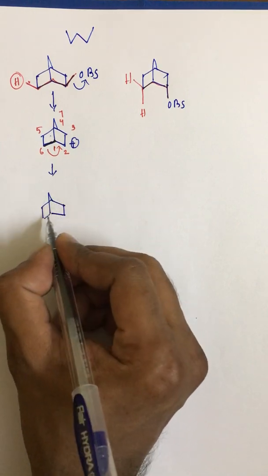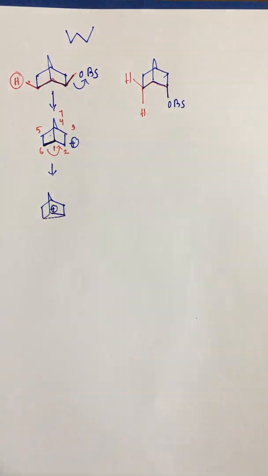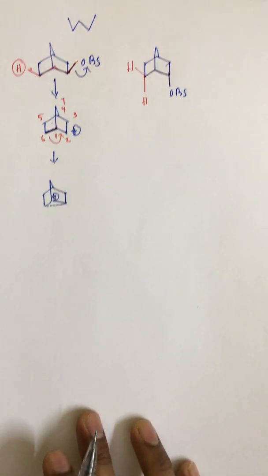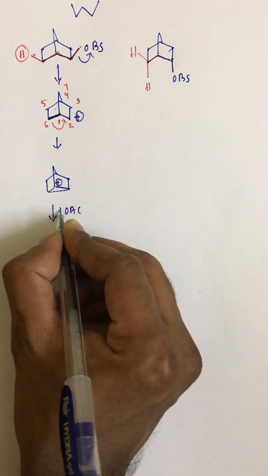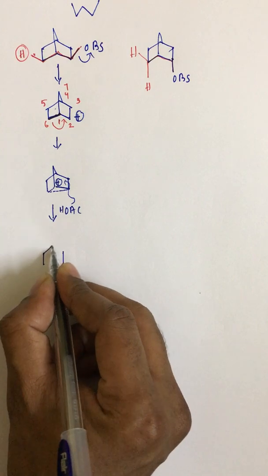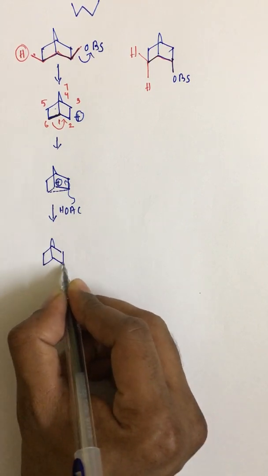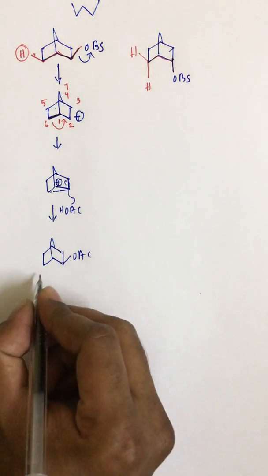This is like this. So here the valence will be +5, and now we have acetic acid. This acetic acid approaches this one, so exclusively we will get this product, and other products are also possible, but this will be the major.